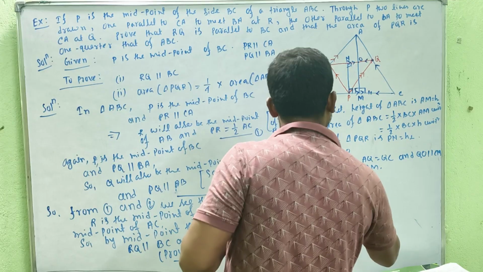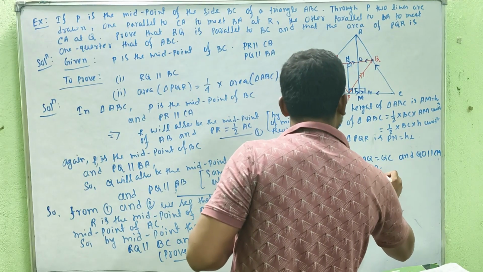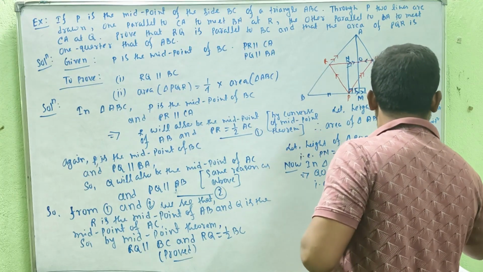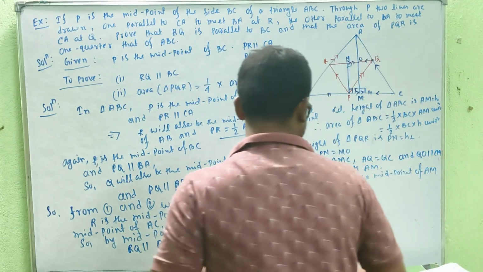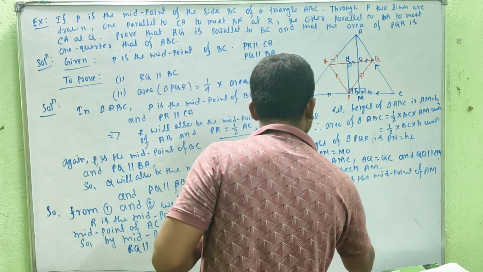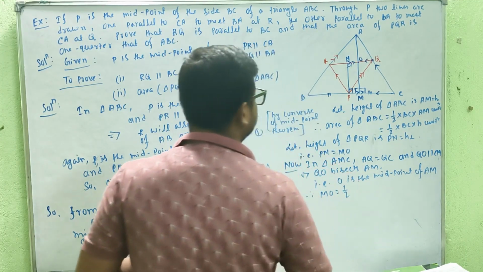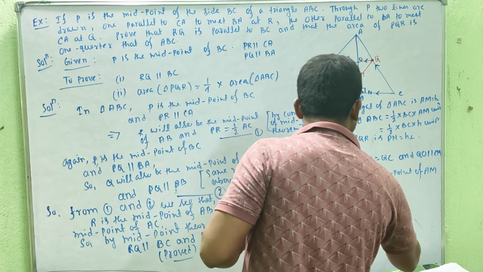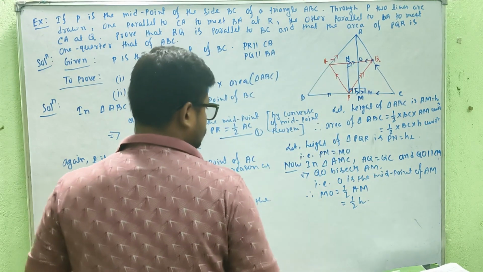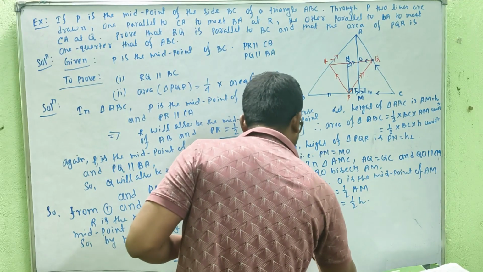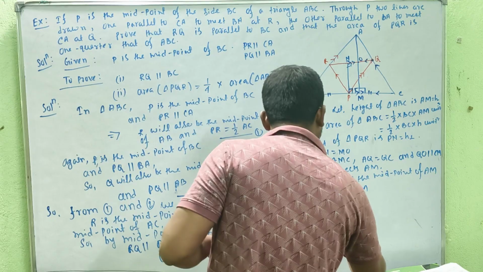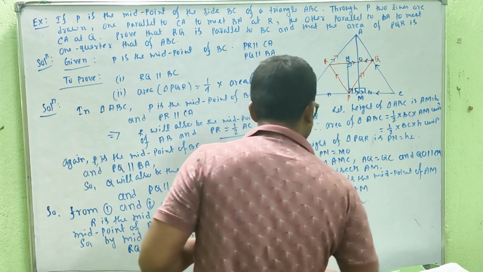That is, O is the midpoint of AM. Therefore MO is equal to half AM, equal to half H. Therefore PM equal to MO equal to half H.